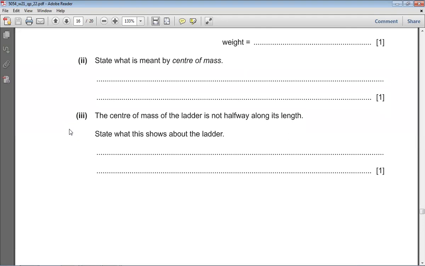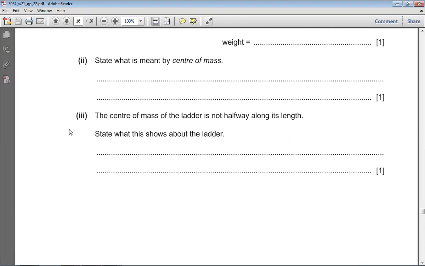He says the center of mass of the ladder is not halfway along its length. State what this shows about the ladder. If the center of mass is not in the center of the ladder, it means that the ladder is not of uniform thickness. The mass is not distributed uniformly throughout the length of the ladder.